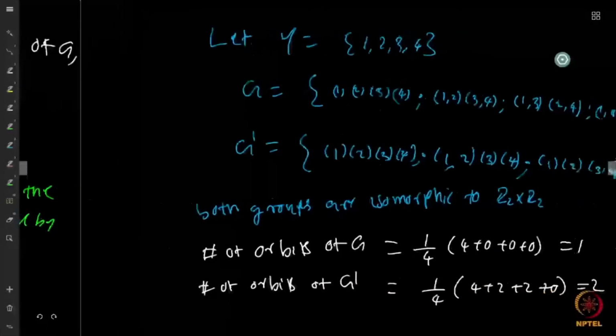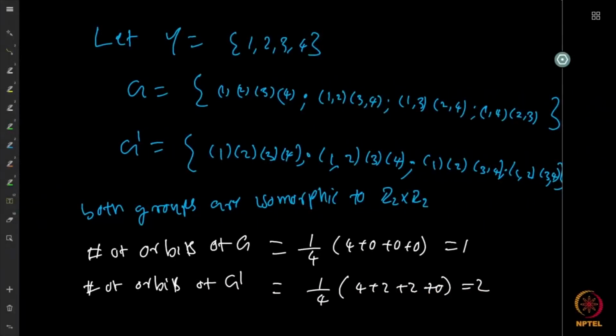Now let us look at an example. Let's say that Y is the set {1, 2, 3, 4}, and G is the group with the identity (1)(2)(3)(4), then (12)(34), (13)(24), and (14)(23). And G' is the group again with identity, then (12), then (34), and then (12)(34).